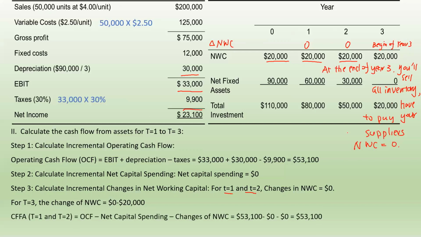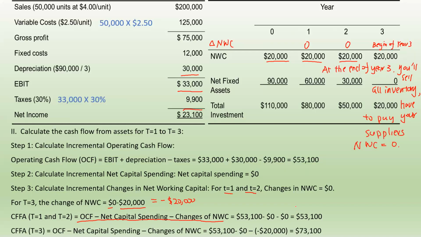So the changes in net working capital will be 0 minus 20,000 equals negative 20,000. So the cash flow from assets for the first 2 years, remember, just equals operating cash flow, because no capital spending and no changes in net working capital. For year 3, the net change in net working capital is negative 20,000. So the cash flow from assets is 73,100.